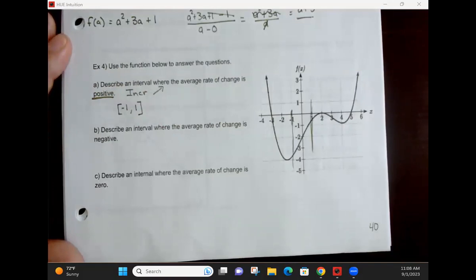What would be another example of an interval where a rate of change would be positive? There are lots of options here. Another section of our graph where that rate of change would be positive.